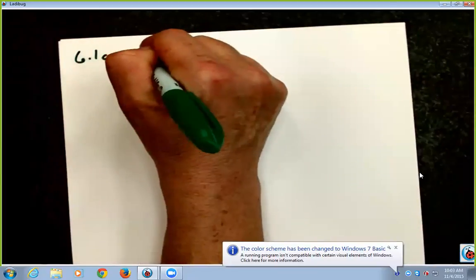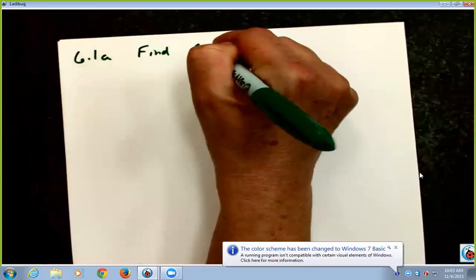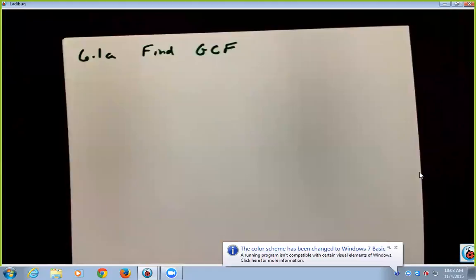Chapter 6, section 6.1 has 3 parts to it. The first part is just trying to identify greatest common factors. So we're going to find greatest common factors in this one.